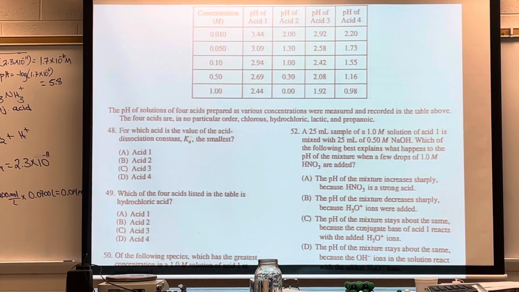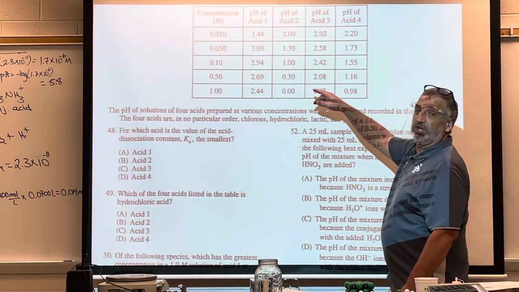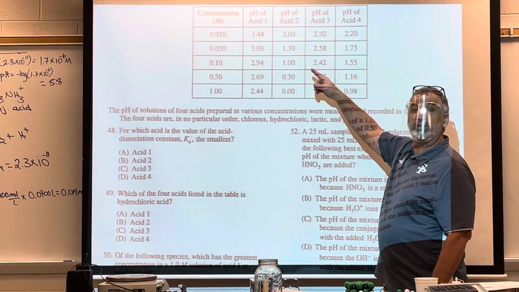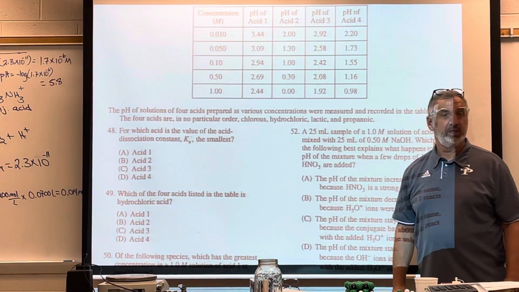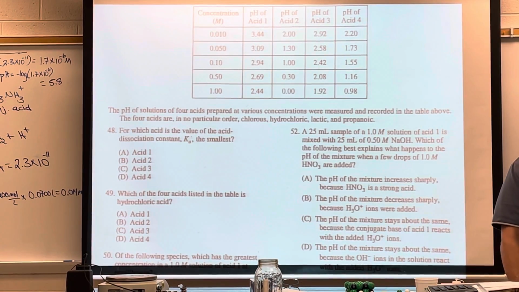So when we look at the pH, is the lower pH a stronger acid or a higher pH a stronger acid? Lower the pH, the stronger the acid. And how does that relate to Ka?